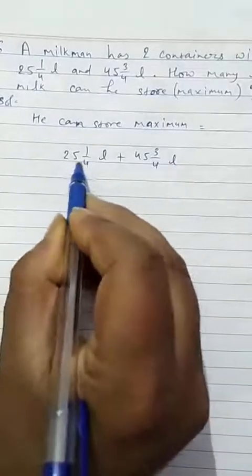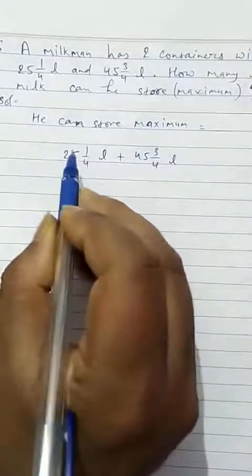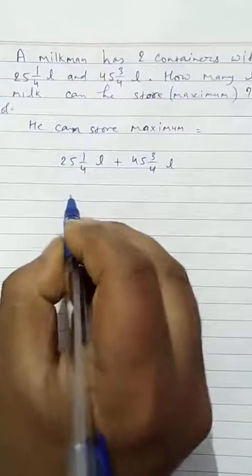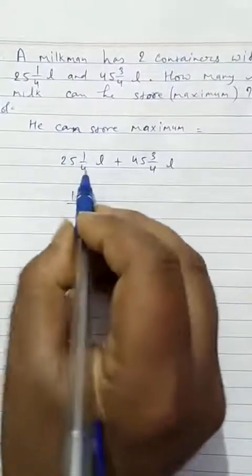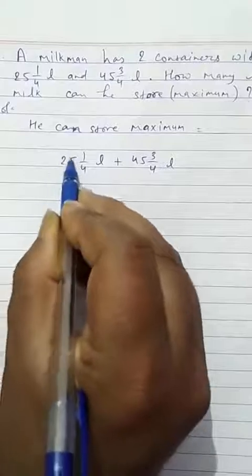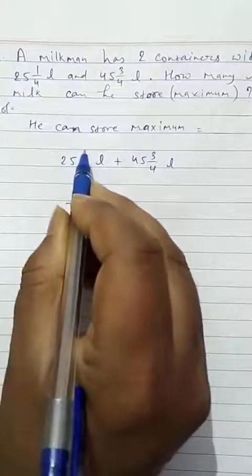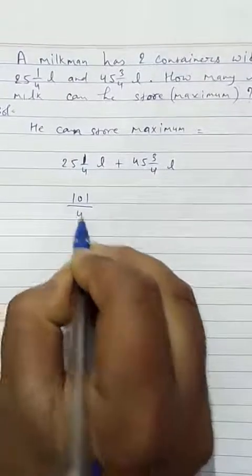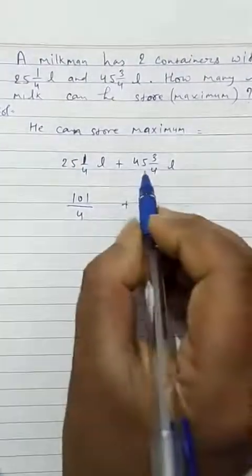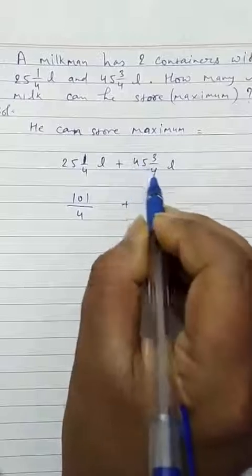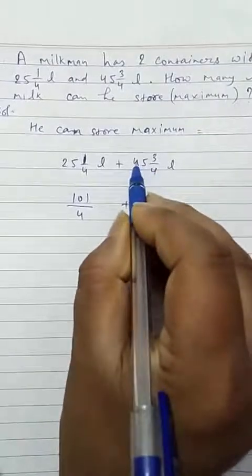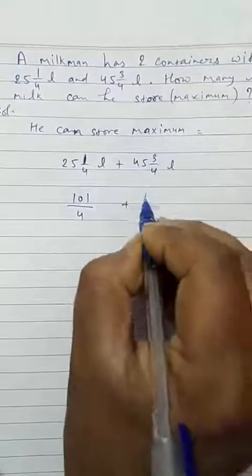Now 4 into 25 gives you 100, and 100 plus 1 gives you 101. You have to multiply this 4 by 25 and then plus 1. You get 101 upon 4. Again 45 4s are 180. 180 plus 3 gives you 183.